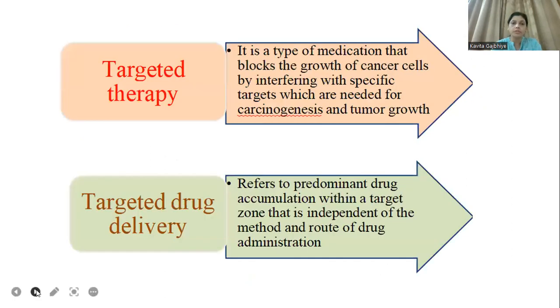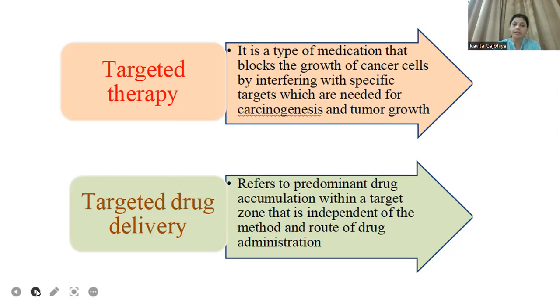Here, first of all, we should know what is targeted therapy and what is the meaning of targeted drug delivery. Targeted therapy is a type of medication that blocks the growth of cancer cells by interfering with specific targets which are needed for carcinogenesis and tumor growth.